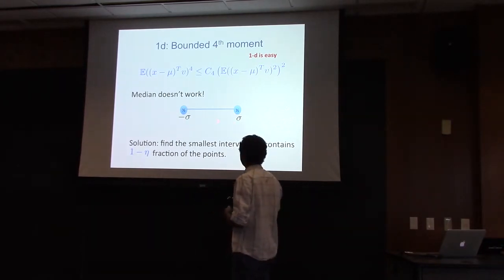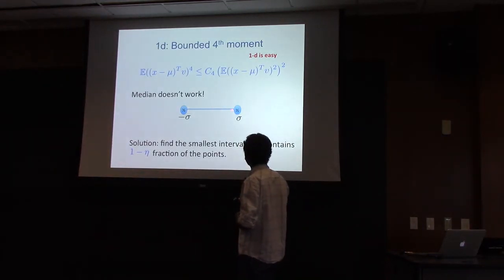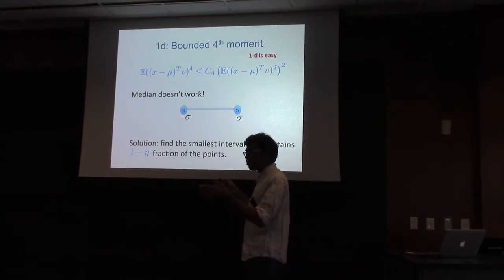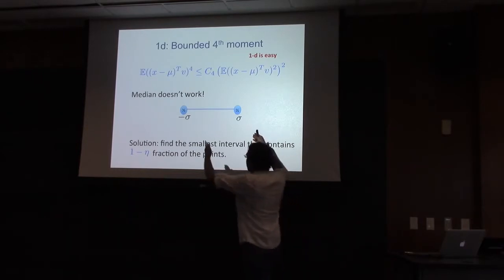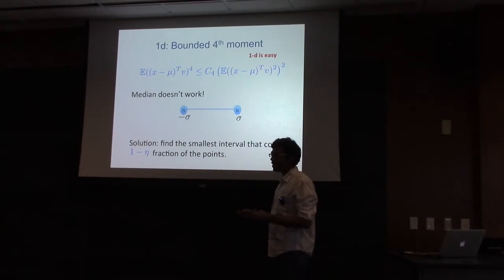Because if the adversary places noise close to here, but all eta fraction of the points here, to capture 1 minus eta over 2 fraction of the points, you'll consider essentially all the points, like the interval will be this entire thing, and you look at the sample mean of that.